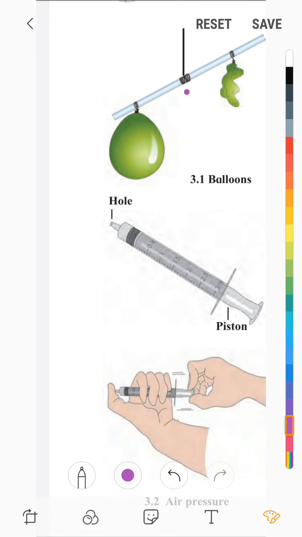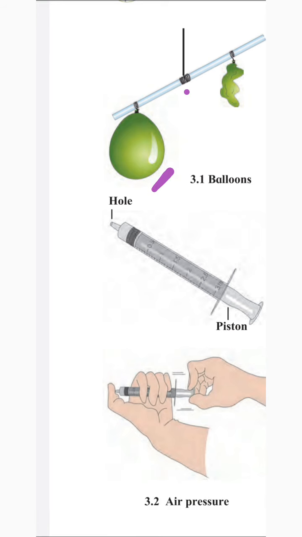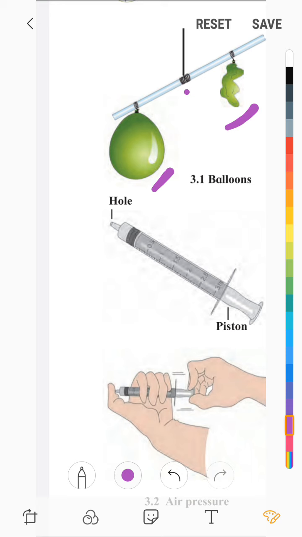You have to tie two rubber balloons of the same size at the two ends of the stick. See to it that the stick remains horizontal.